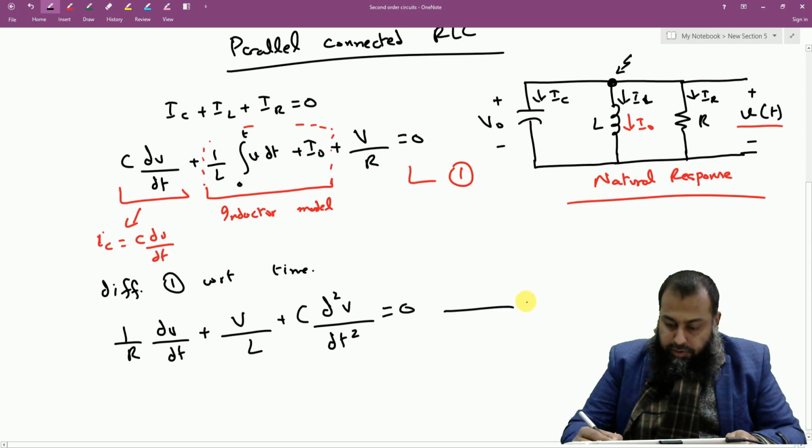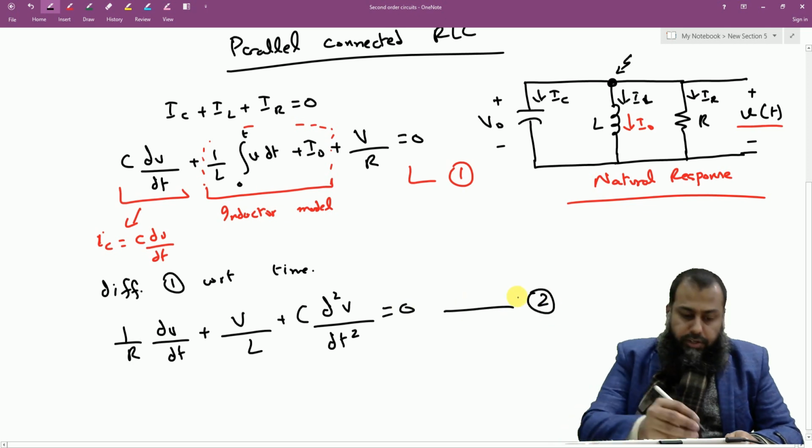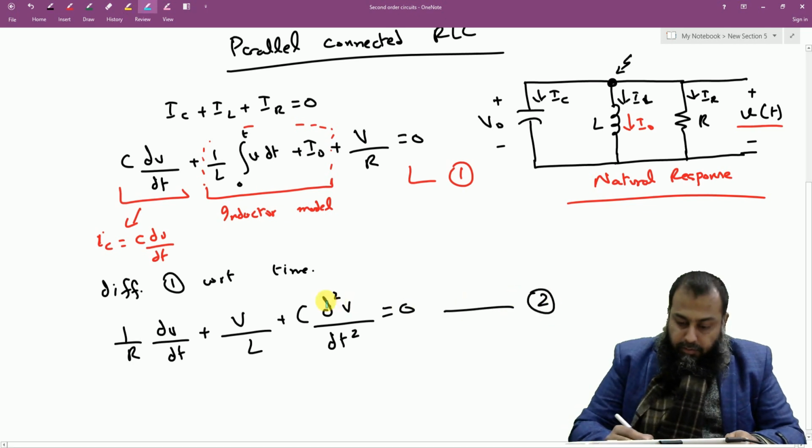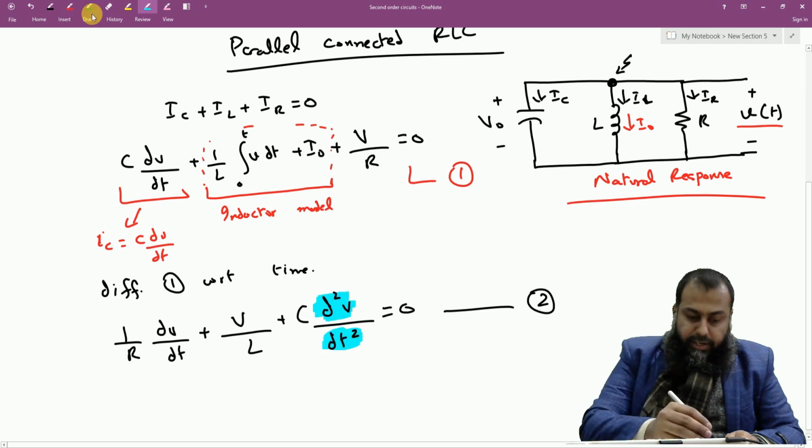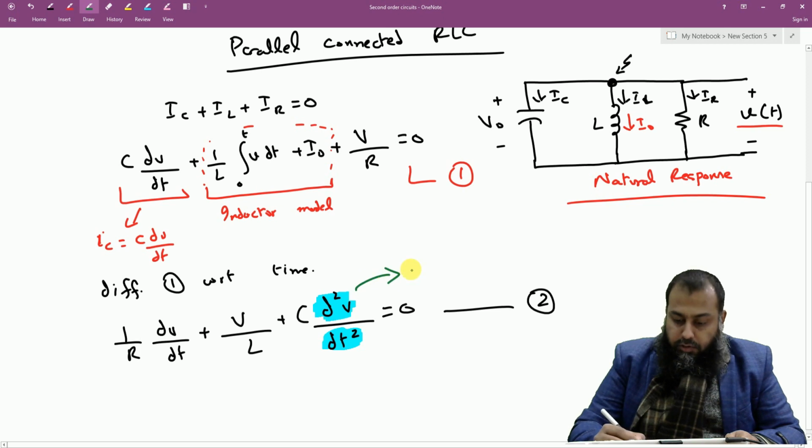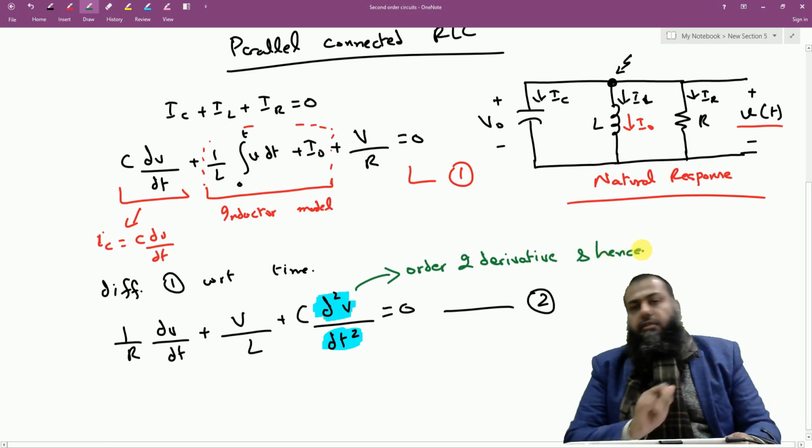Let me call this equation number 2. Now notice that we have this d²V/dt², which is a derivative of order 2. So we have an order 2 derivative, and hence we call these circuits second order circuits.